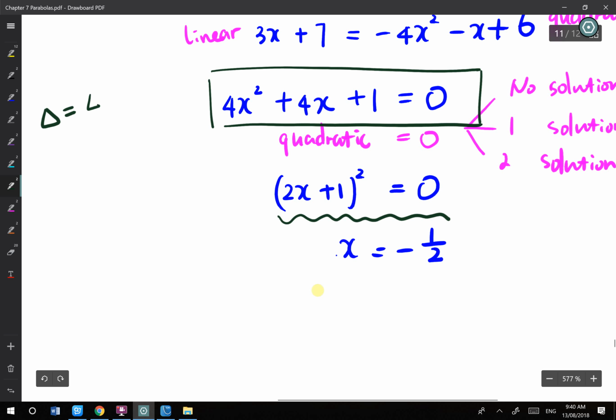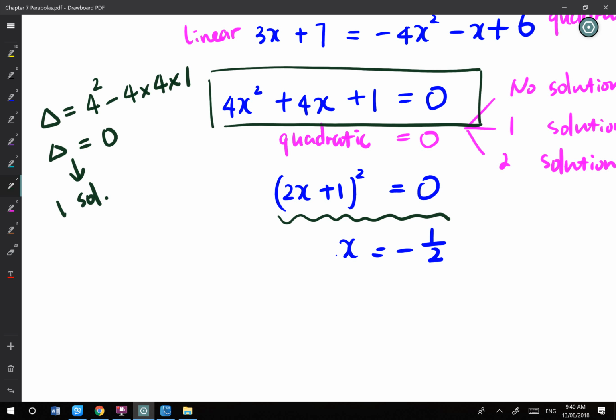The discriminant is 4 squared minus 4 times 4 times 1, like b squared minus 4ac. The discriminant equals 0 in this case. Therefore, we will only have 1 solution. And my factorization shows that there's only 1 solution as well.